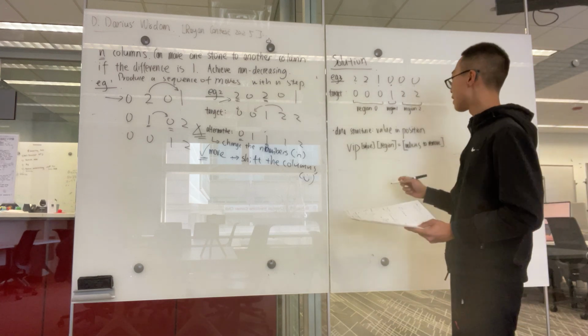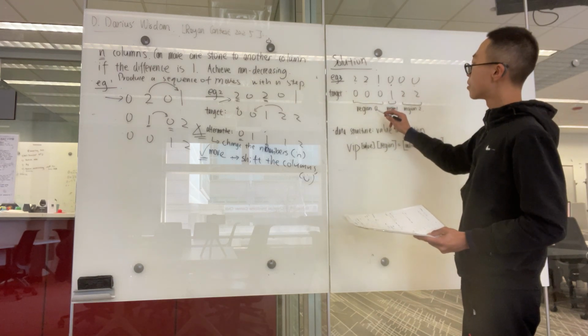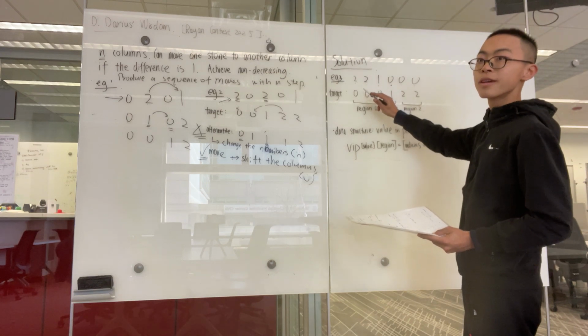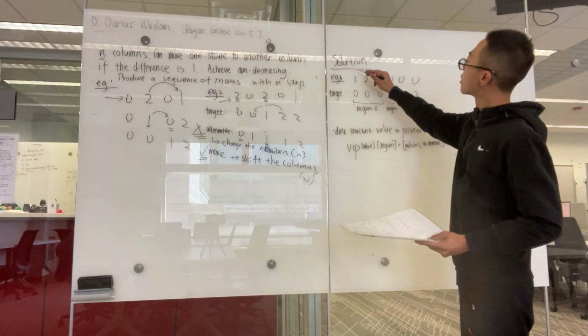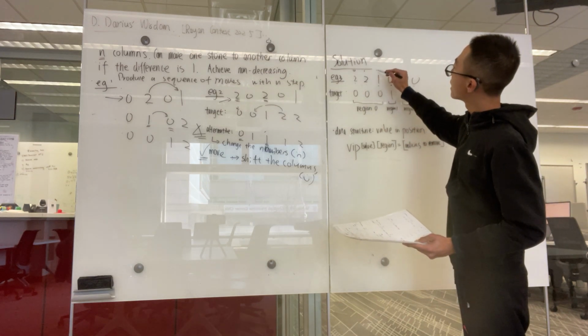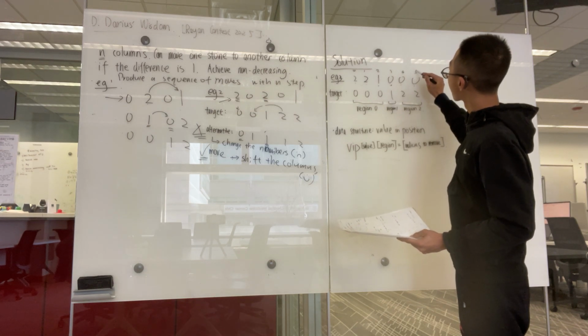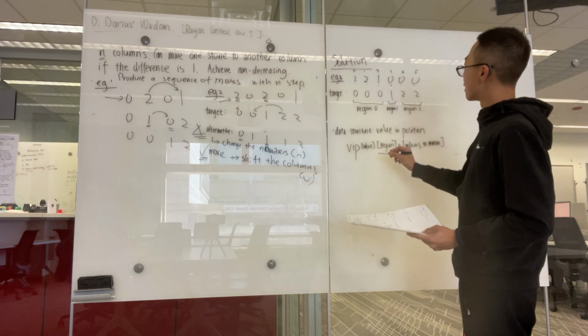That means in region 0, for value 2, we need to remove, let's give them the indices 0, 1, 2, 3, 4, 5.